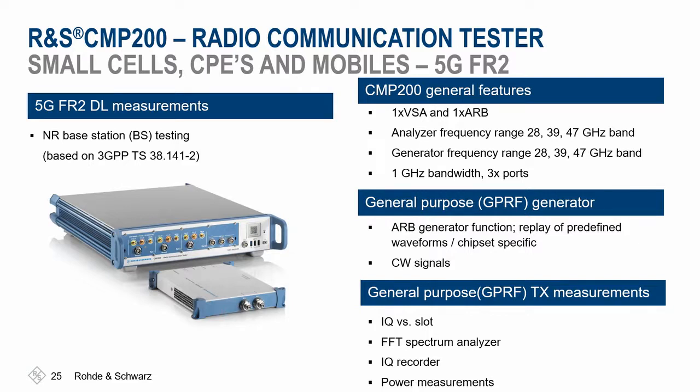So with the generator, it can replay continuous waveform signals, it can replay predefined waveforms or chipset-specific waveforms. The analyzer can perform IQ versus slot measurements, it can act as an IQ recorder, it can make power measurements and also analyze the spectrum.